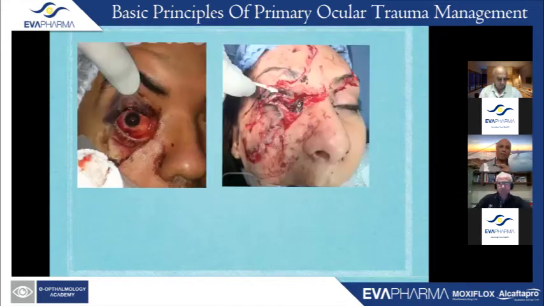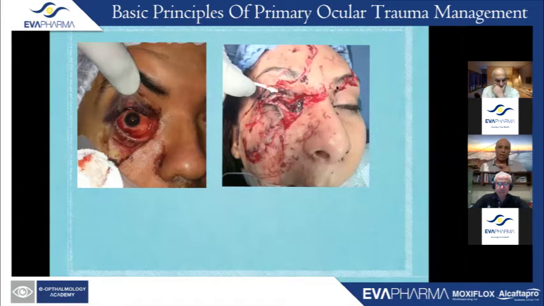CT will show you a lot of data about the bones: if there is any blowout fracture, or any foreign body, as we will see later. Under anesthesia, as you can see here, the diagnosis of self-eviscerated eye is 100% confirmed, as well as the cut upper and lower canaliculus, the totally avulsed eyelids, of course, and the rest of the wounds.